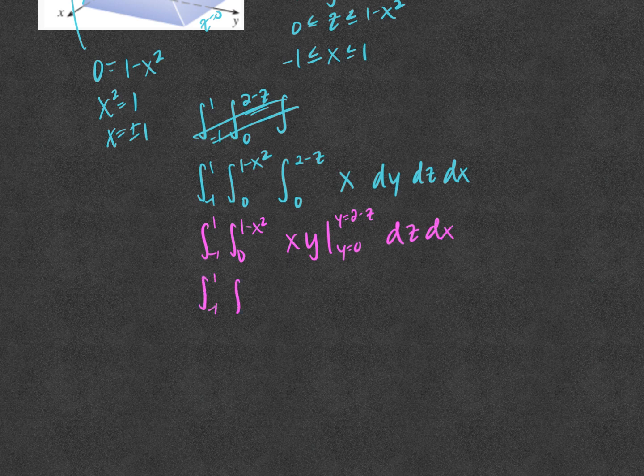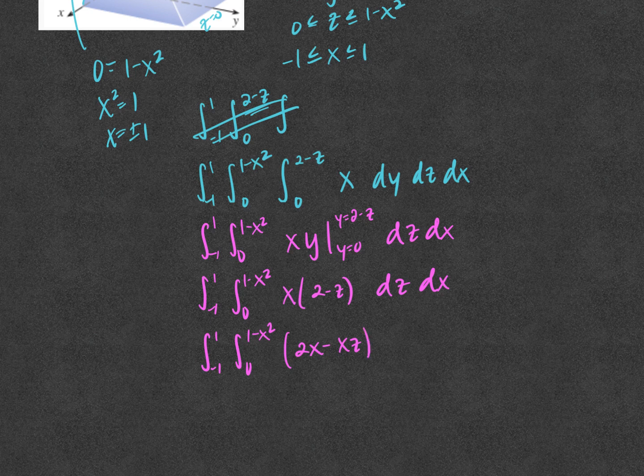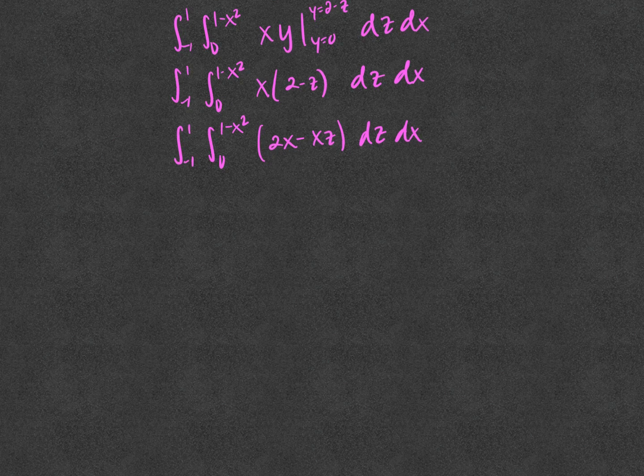So we have negative 1 to 1, 0 to 1 minus x squared, x times (2 minus z minus 0) dz dx. When we distribute, we get 2x minus xz, and we're going to integrate with respect to z and then with respect to x.